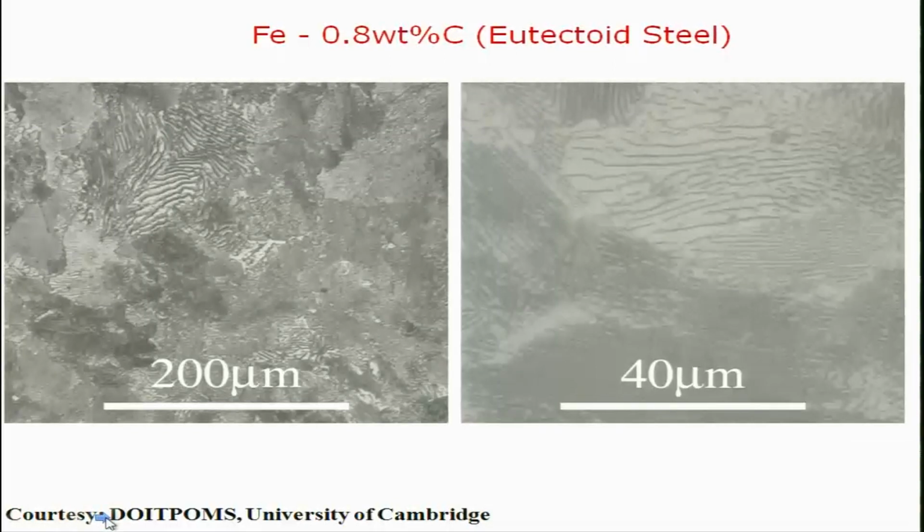Now, let us look at what are the microstructures that we obtain. If you have 0.8% carbon steel, which is basically 0.76, eutectoid, we call it eutectoid steel.